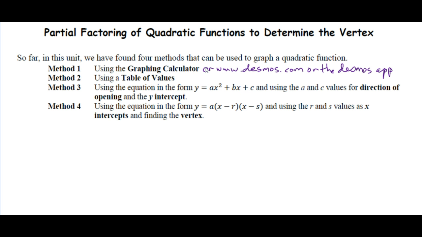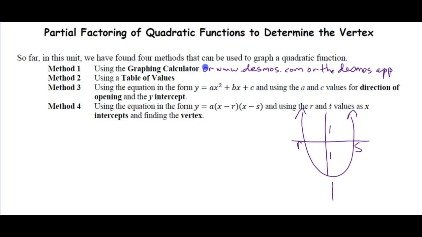You can use an equation in the form y equals a times (x minus r) times (x minus s). And use the r and s values as the x-intercepts and find the vertex. Remember how to do that, right? So you've got this is r, this is s.